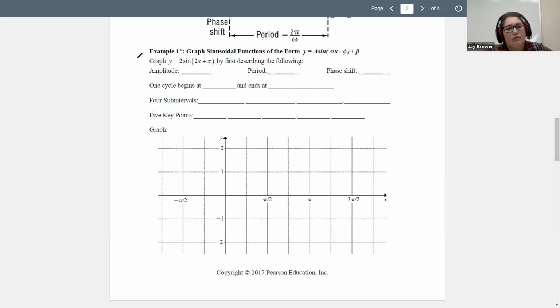So the graph we're focusing on is y equals 2 sine of 2x plus pi. Before we do any kind of drawing, we want to figure out some things. The first thing we want to figure out is our amplitude. So what is our amplitude?